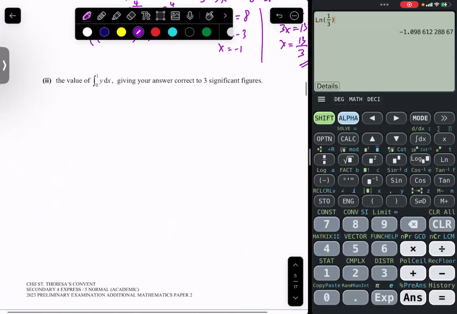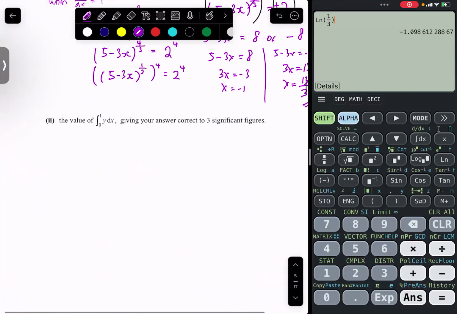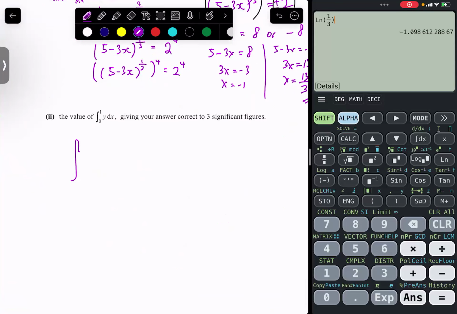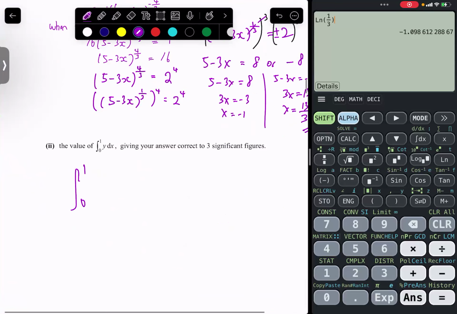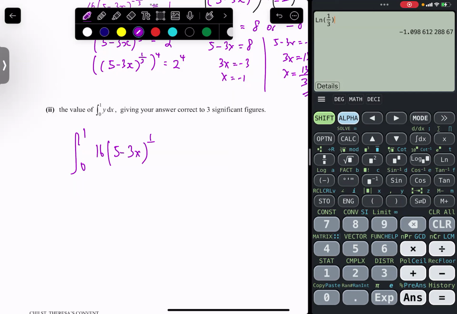Find the value of the integral of 1 over 10y dx, giving your answer correct to 3SF. So the integral from 1 to 0 of y dx, which is 16 (5 minus 3x) to the power of negative 1/3 dx.